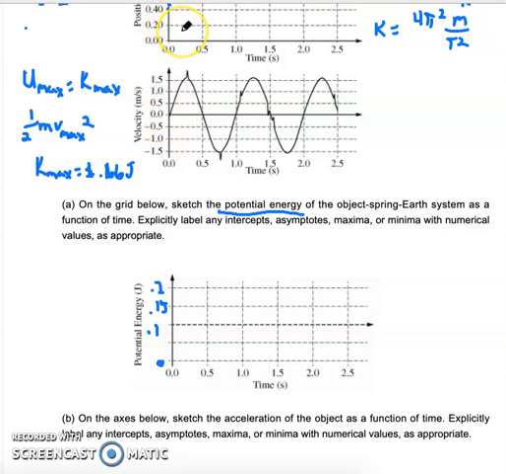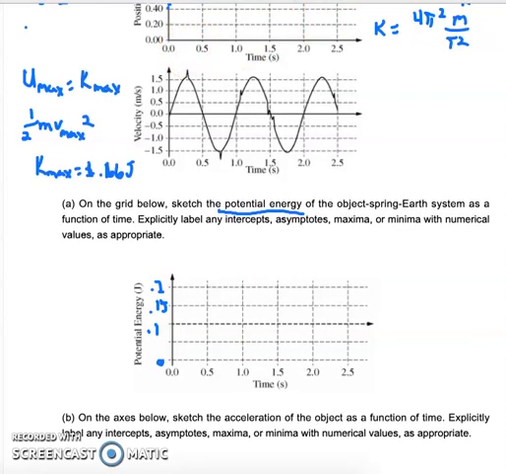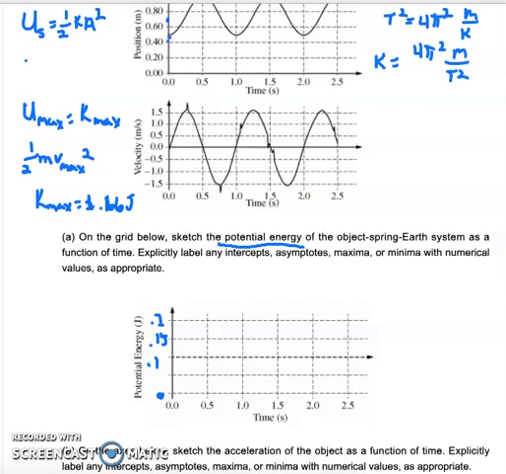Or if you look up at the position graph, you would see that our position is not 0. It's at a maximum displacement, whether positive or negative. We see that's a negative, but that doesn't matter. So at time 0, we're going to have our maximum potential energy, which is at 0.16. And then before we get to 0.5, halfway, we see that we're at a maximum velocity, therefore a minimum potential.